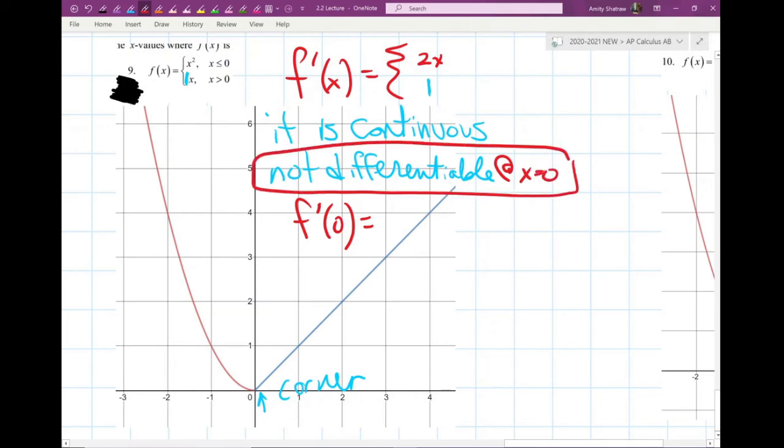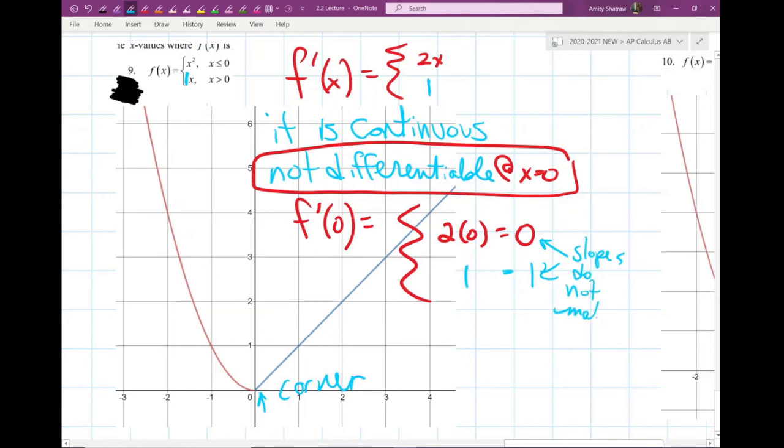But here I want to say why. If I plug in the 2 times 0 on top, I will get a 0. But on the bottom, the 0 doesn't go anywhere, so my slope is going to be a 1. And so the slopes do not match.